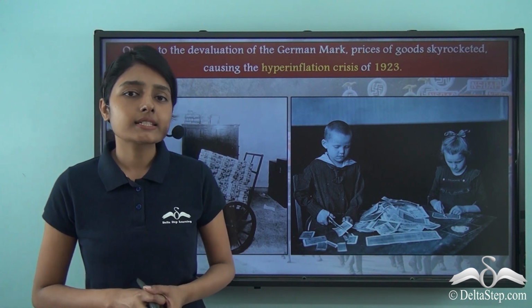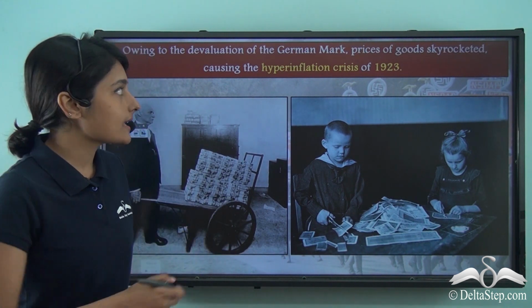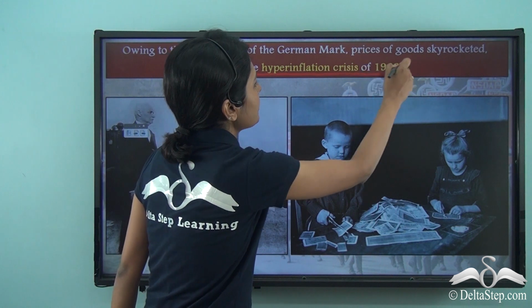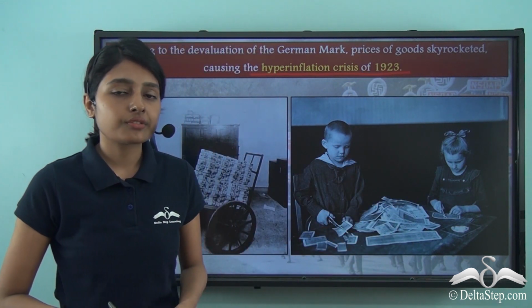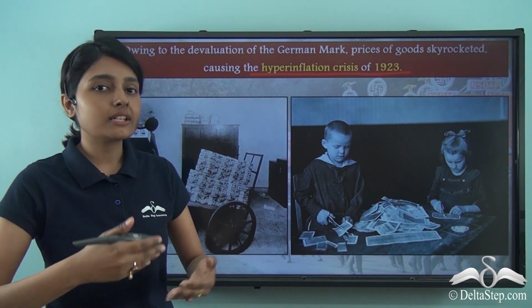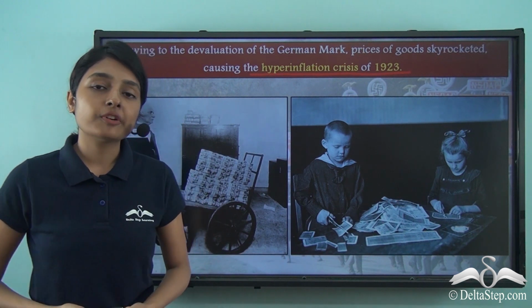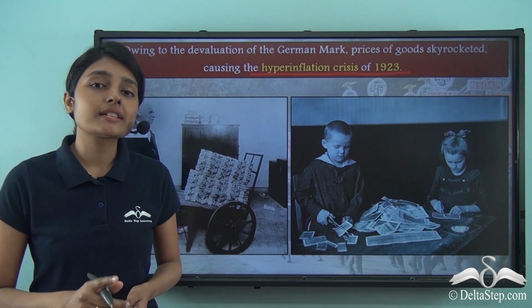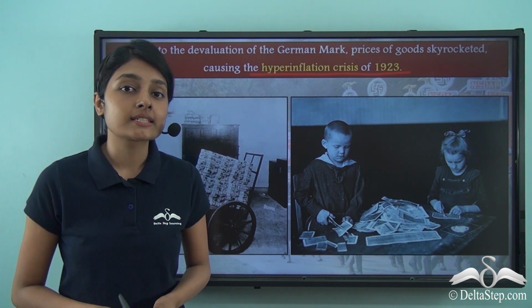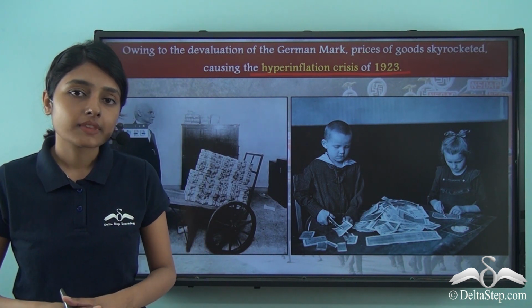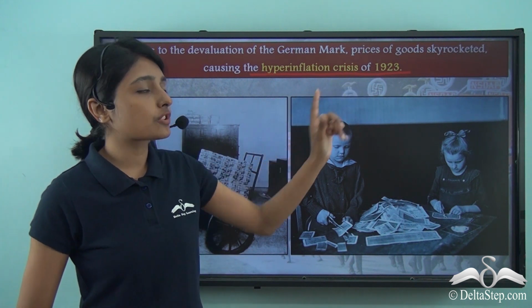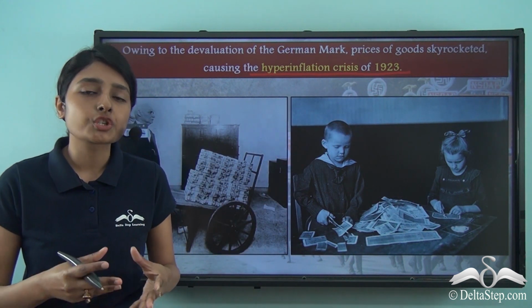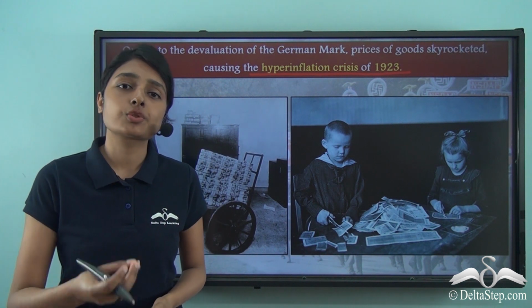And this resulted in a condition that was known as the hyperinflation crisis of 1923. Now, hyperinflation is an extreme form of inflation in which the prices of several things increase by more than 50% in just 1 month. During the hyperinflation crisis of 1923, the German mark was almost reduced to nothing.